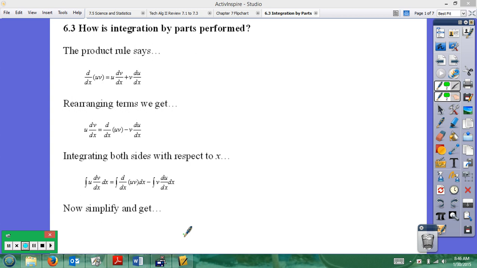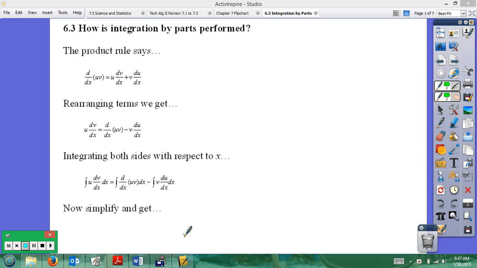So for integration, we have to look at different techniques that we can use, and one of those is integration by parts. You could think of it as the product rule for integration, but there is no such thing. So it's a rearrangement of the product rule for derivatives.